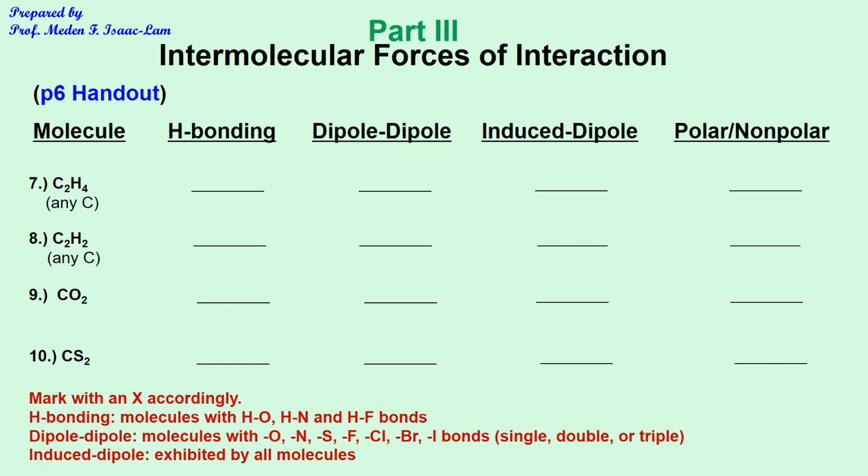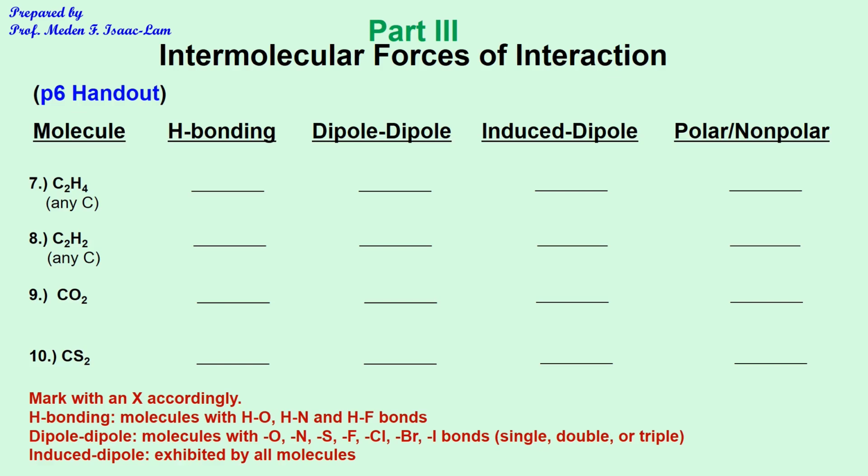I mentioned this in the lecture, but for this example in the lab, we're just focusing on identifying whether the molecule will exhibit H bonding, dipole-dipole, induced dipole, and whether the molecule is going to be polar or non-polar. So now let's go to number 7, which is C2H4.